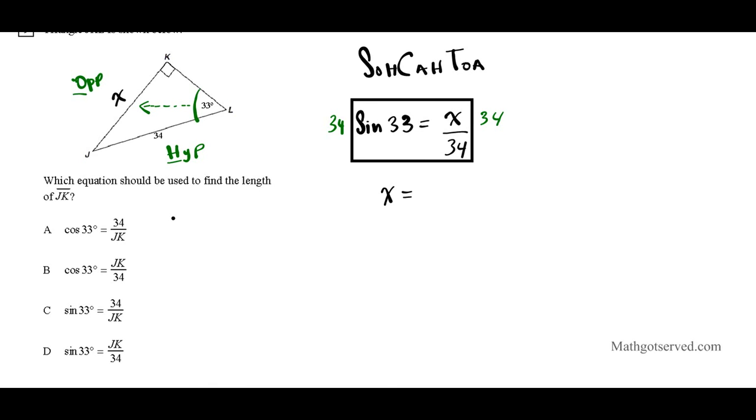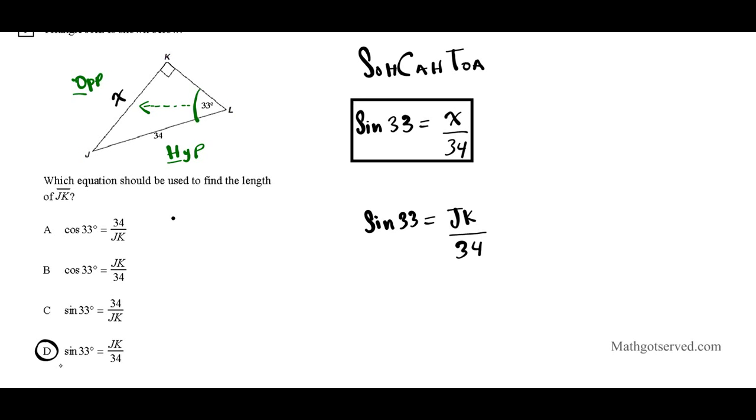So let's make use of that. Erase the other stuff. It's not necessary. So the answer is going to be sine 33 equals JK over 34. Final answer is option D.